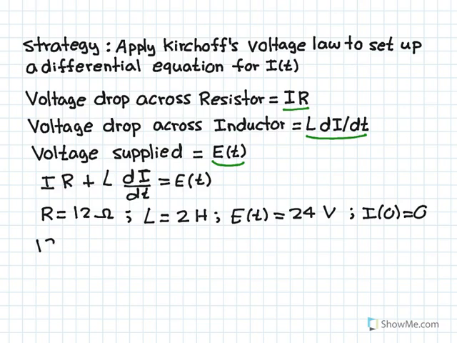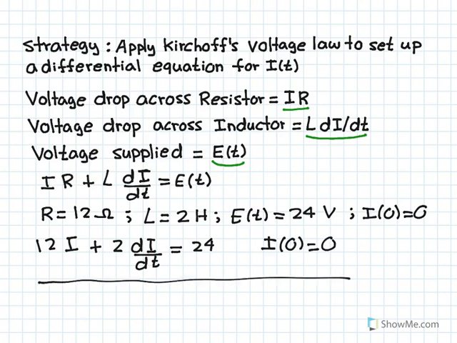So putting it into the equation, we get 12I plus L, which is 2 di dt, is equal to E of t, the voltage supplied by the battery, 24 volts. I of 0 is equal to 0. We now have an initial value problem.